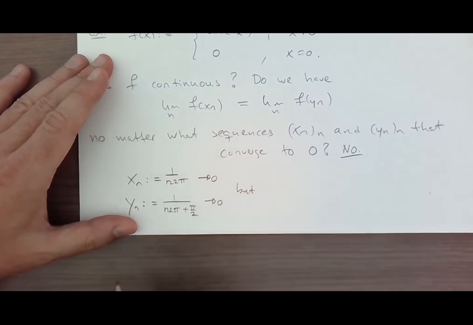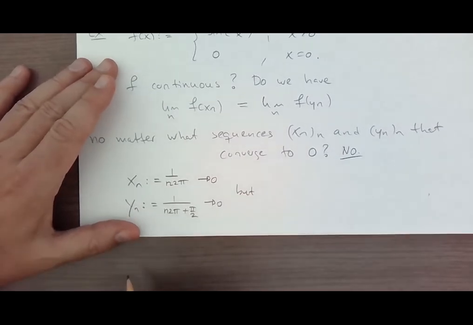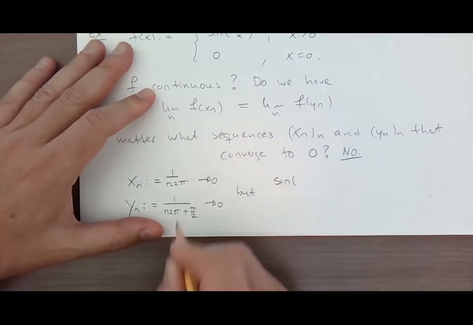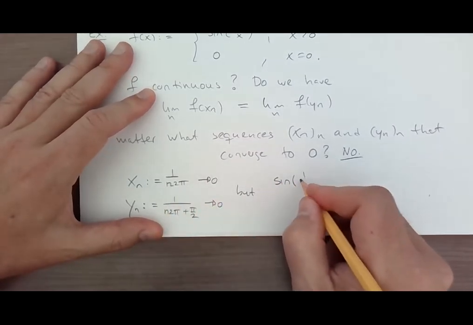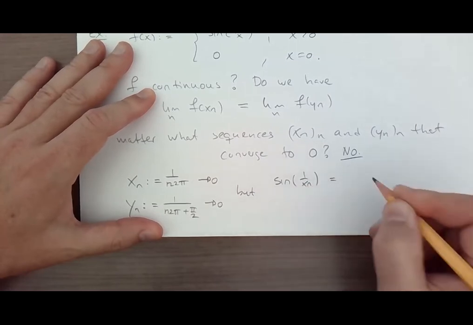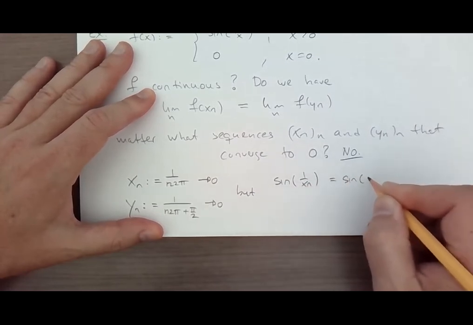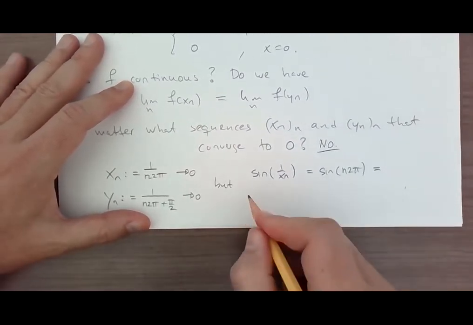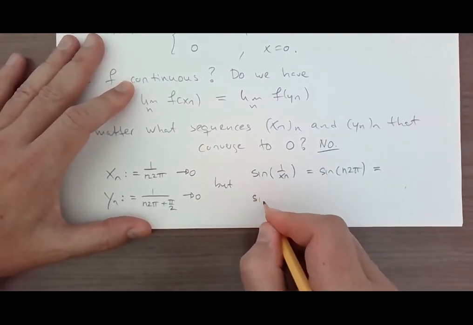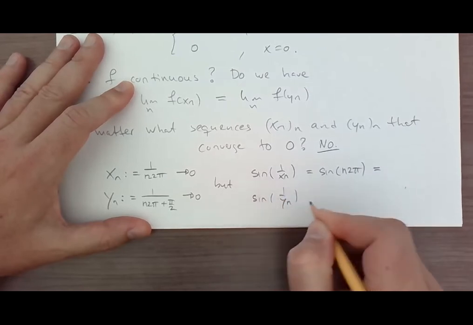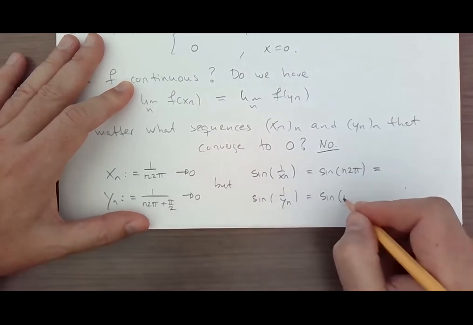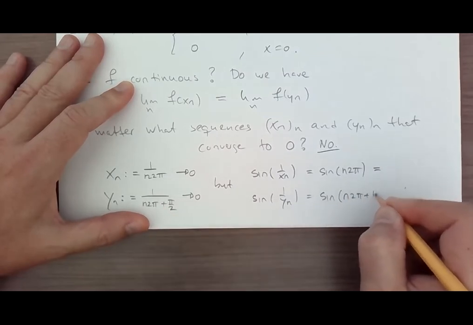But what happens if I look at sine of 1 over xn? This is going to be sine of n times 2 pi. What is that equal to? And what happens if I look at sine of 1 over yn? This is going to be sine of n 2 pi plus pi over 2.